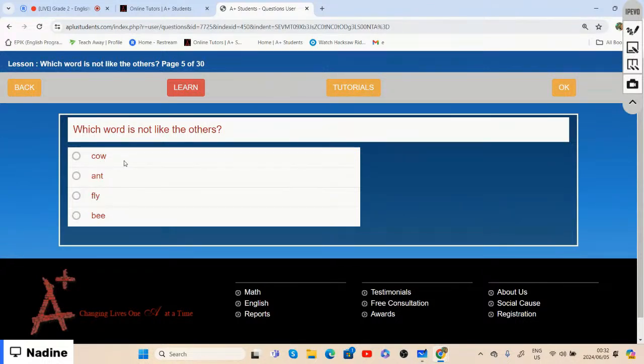We have cow, ant, fly, bee. Cow, ant, fly, and bee. Which word is not like the others?